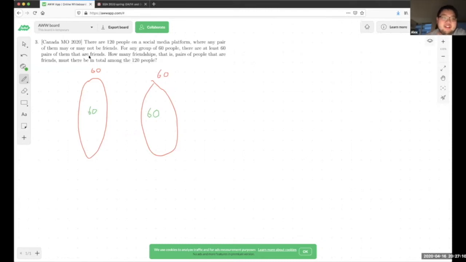Well, one standard thing you can try to do is something like, I'm going to write some text. Every group of 60 people has 60 friendships out of 60 choose 2. So you can still see my screen, right? Mm-hmm.